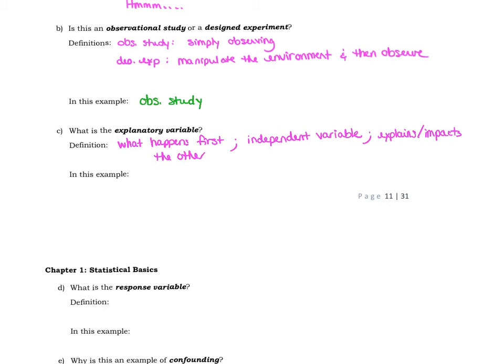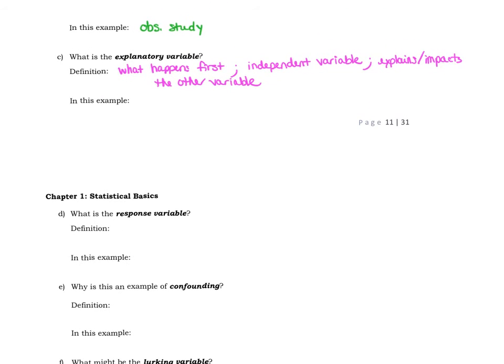As we look at this example again, which one do we think is the explanatory variable? Is the person's height impacting their salary, or is the salary they are given when they get hired impacting how tall they are?